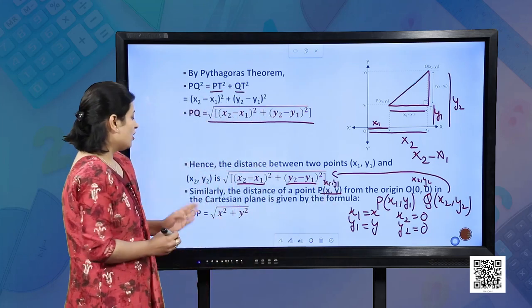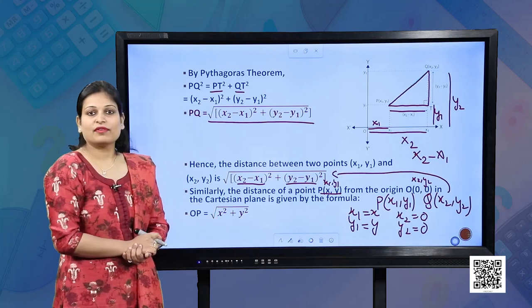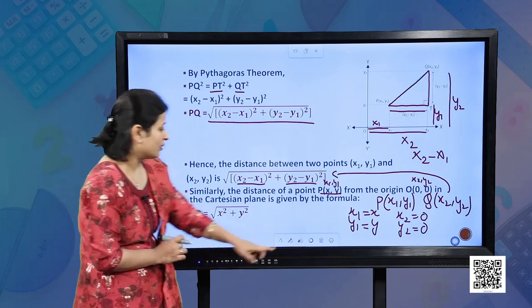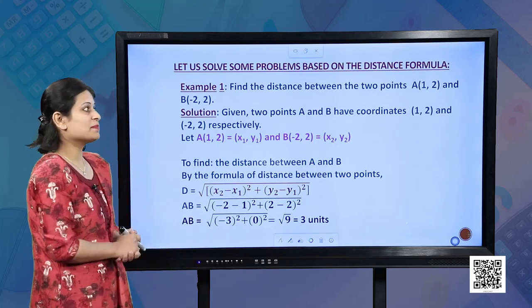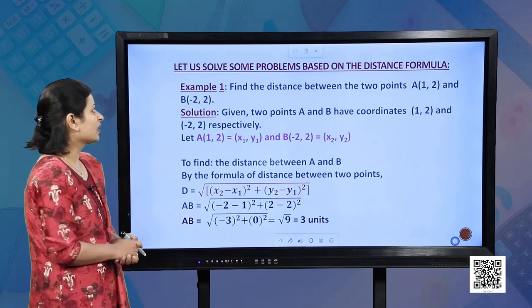So, you will get OP as square root of x square plus y square. Now, let us solve some problems based on the distance formula.